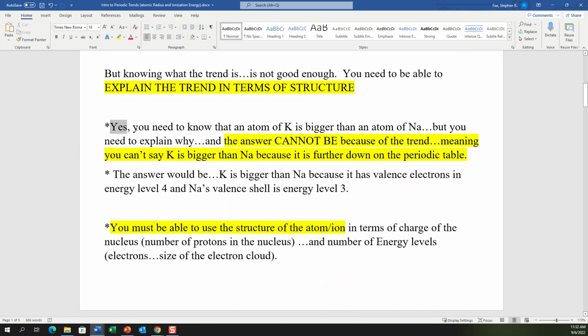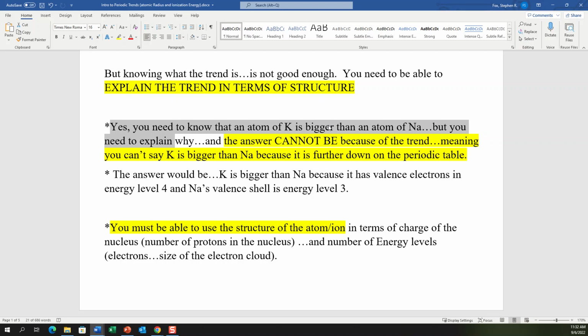So like in the past, you might be asked which atom is bigger, potassium or sodium, right? And if I asked you why in chemistry one, if you said because it's further down on the periodic table, I might accept that as an answer because it's really just kind of about the trend. Do you know the trend?